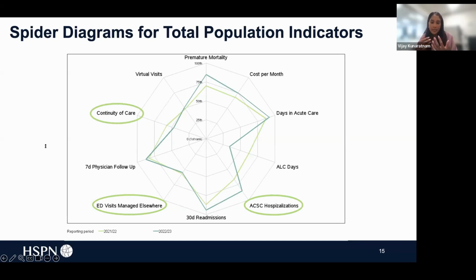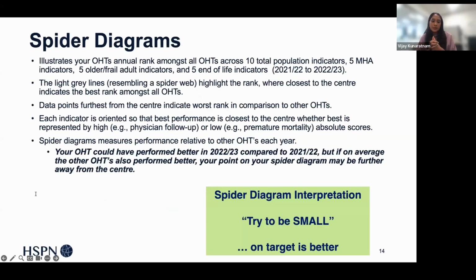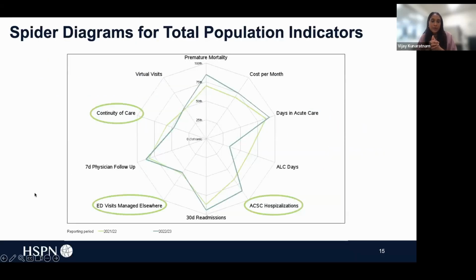And for continuity of care, this OHT has ranked slightly higher than the other OHTs compared to the previous year. So overall, when this OHT looks at this spider diagram, they should absolutely look at other population-specific reports for additional ideas, but definitely something they could focus on is ACSC hospitalization.